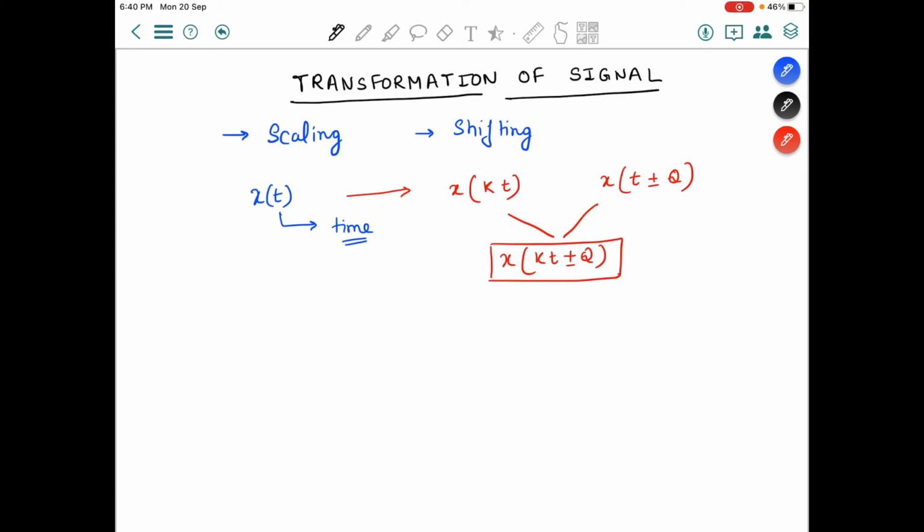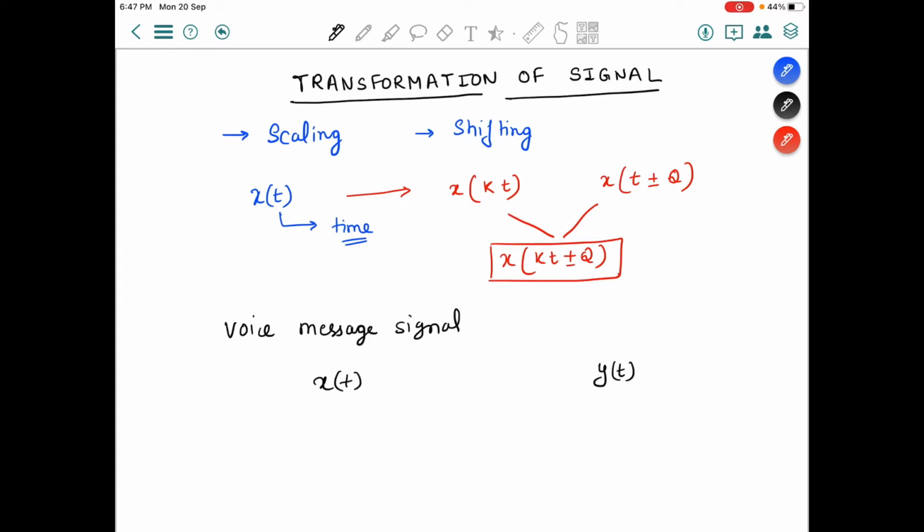I'll give you an example to understand the use of transforming a signal from one form to another. Suppose I have a message signal, some voice message signal, and we are denoting it with x(t), and we want some y(t), which is a faster version of our voice message signal.